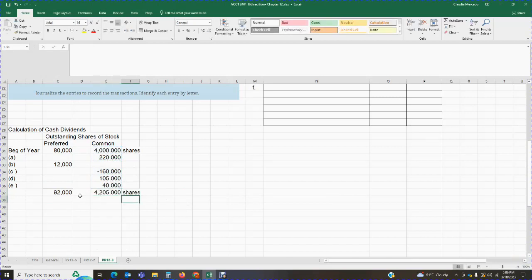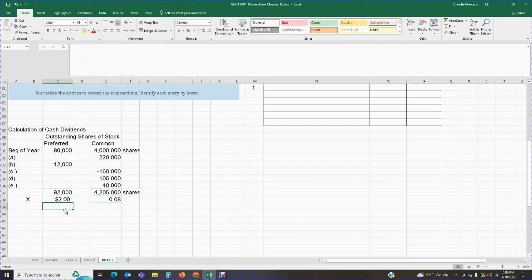Now the problem says we're going to multiply by $2 for my preferred, and we're going to multiply by 8 cents, or 0.08, for my common.